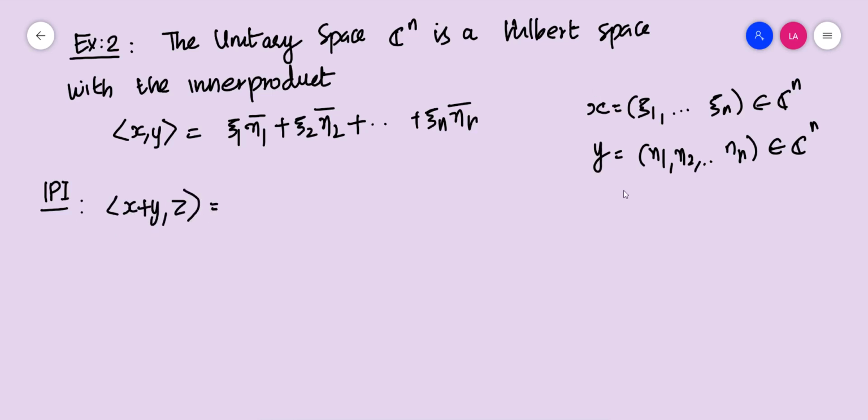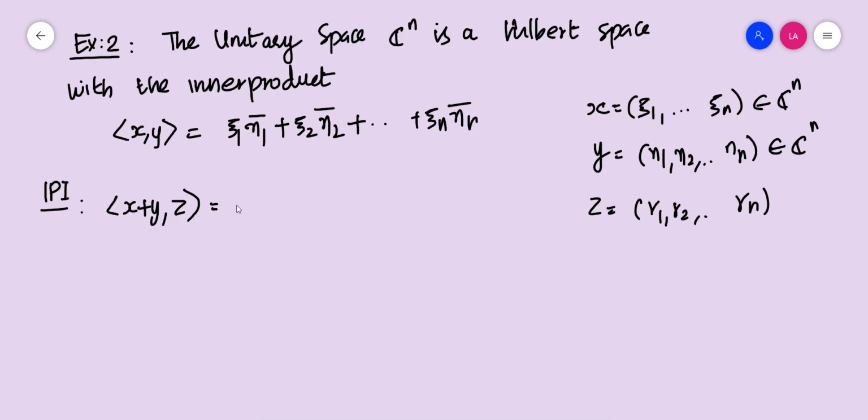If x is this and y is this and z is (gamma 1, gamma 2, etc. gamma n), then x plus y is, as we already know, (theta 1 plus eta 1, theta 2 plus eta 2, etc. theta n plus eta n). By definition, we take the first component of x plus y and multiply it by the conjugate of the first component of z.